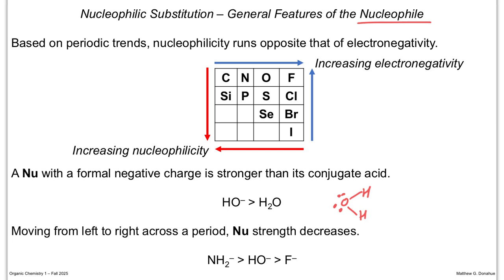And that's going to affect the transition state, that trajectory of attack, and then ultimately lead to another intermediate in the transition state. So when you're comparing species, the negative charge, the anion, is almost always better than the neutral.